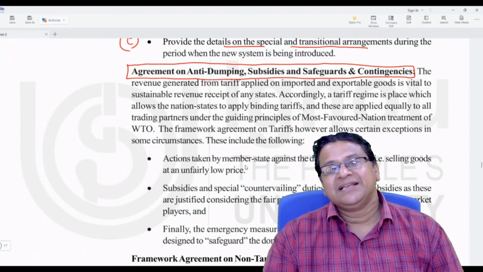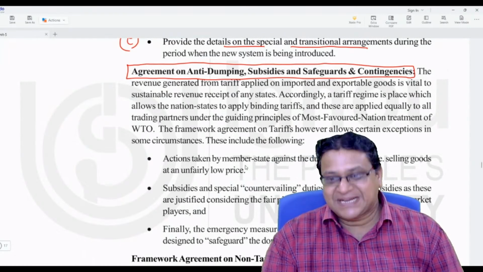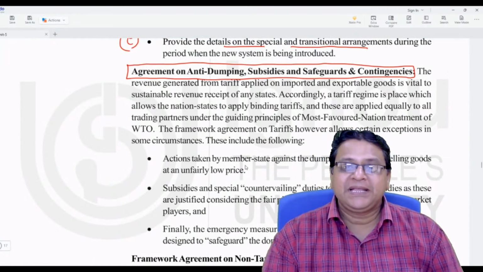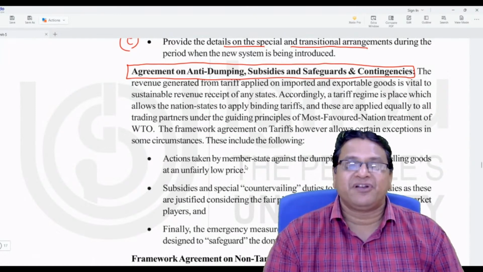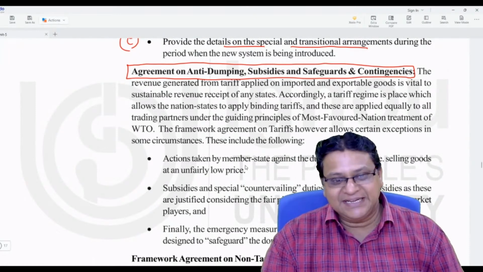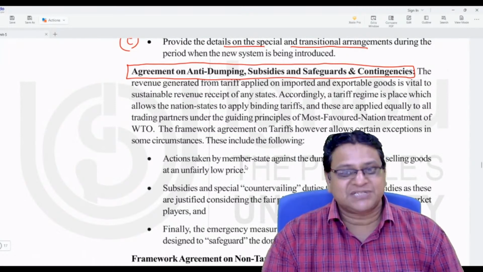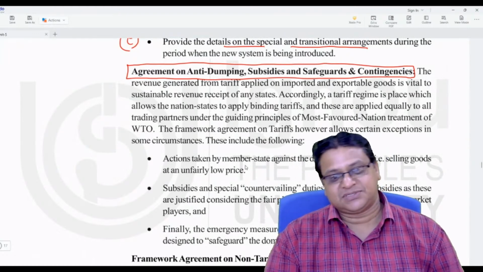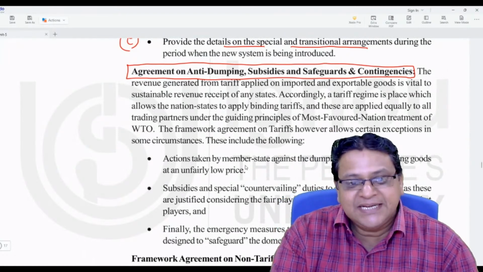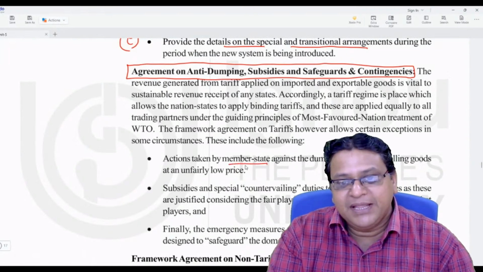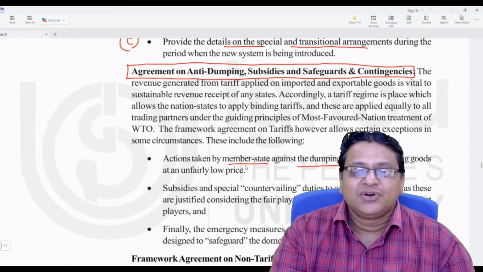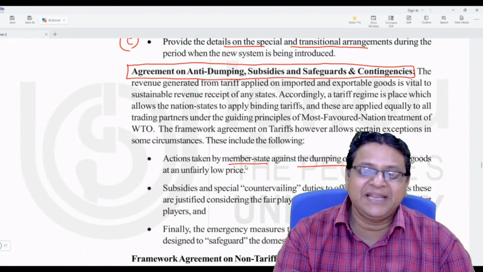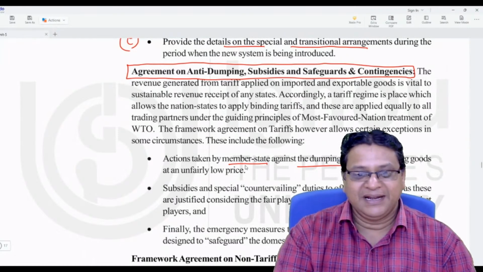Dumping is practiced by many countries. China is practicing dumping in the case of many products in different countries. Once a country identifies that some country is dumping its products in its territory, it can take anti-dumping measures. Anti-dumping measures are the actions by member countries against dumped goods, which are sold in the market at very low prices.